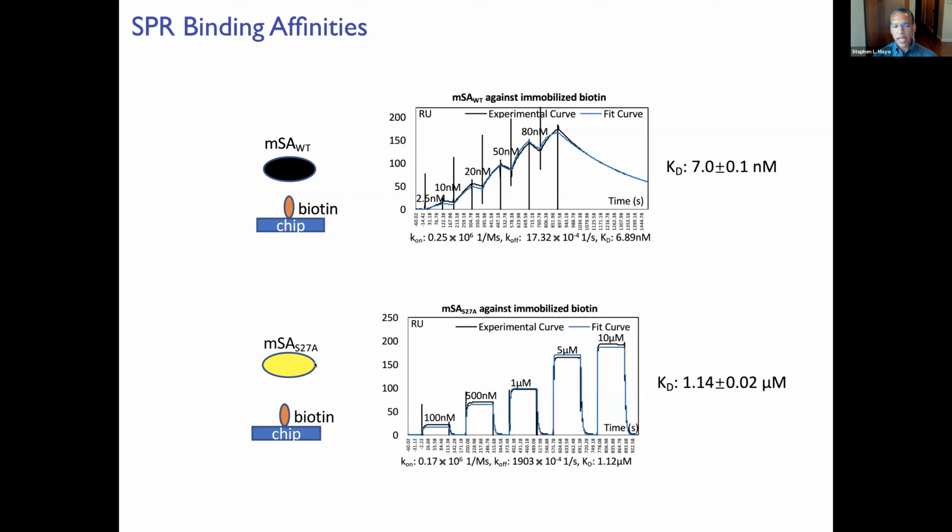We're also using a point mutation of monomeric streptavidin, serine 27 to alanine, in order to reduce the binding affinity to biotin, so we have more room to play with in terms of measuring affinity improvement. So the base system point mutation binds with roughly 1 micromolar binding affinity.